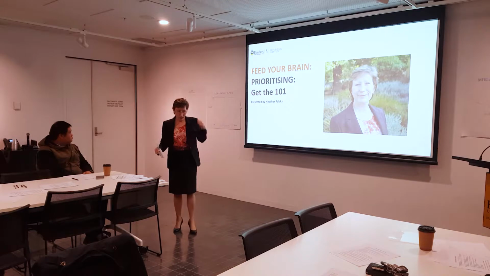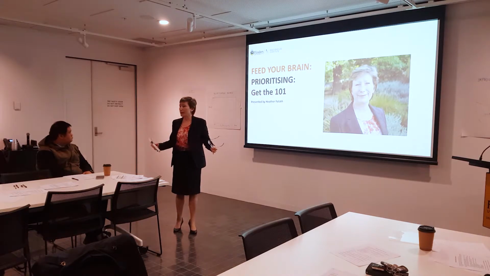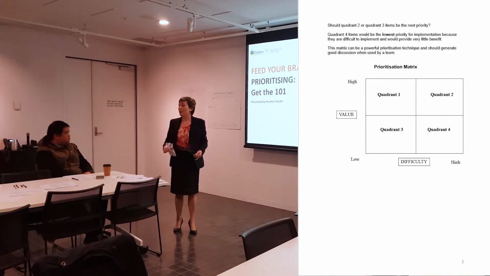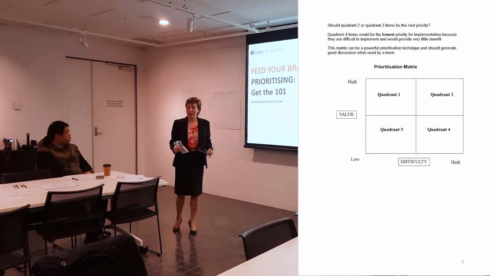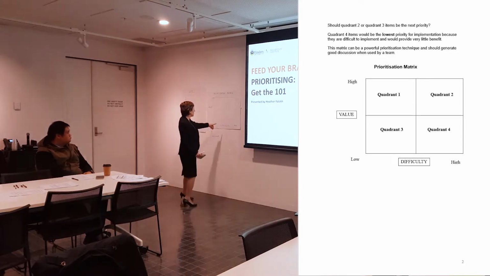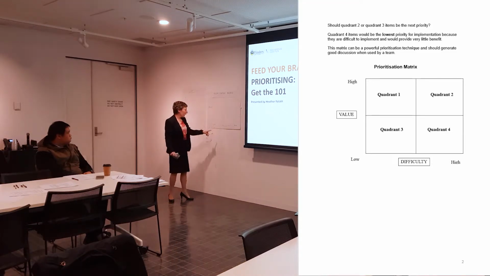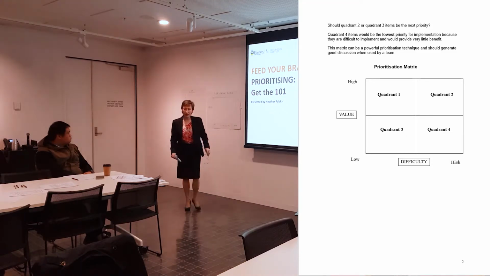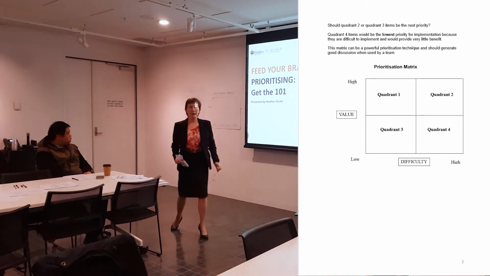So when I'm usually using this, I'm using it with an improvement team. They're trying to sort out a list of ideas of what should they implement. Lots of great ideas, but we haven't got unlimited resources. So we need to work out which ones are going to have the biggest bang for the buck in terms of value, and which ones are going to be easy and which ones are going to be quite difficult.